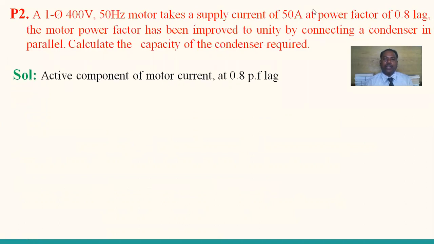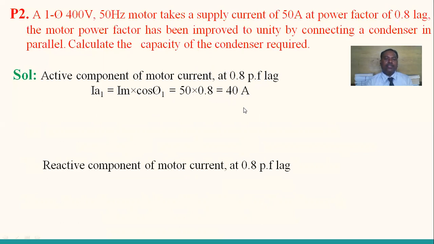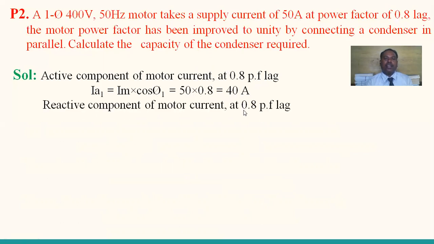So total current is the load current, which is 50 ampere. Let us calculate the active component of the motor current at 0.8 power factor. Active component of the motor current IA1 is the motor current into cos phi. So 50 into 0.8, 40 amperes is the magnitude of current. And what's the reactive component of motor current?